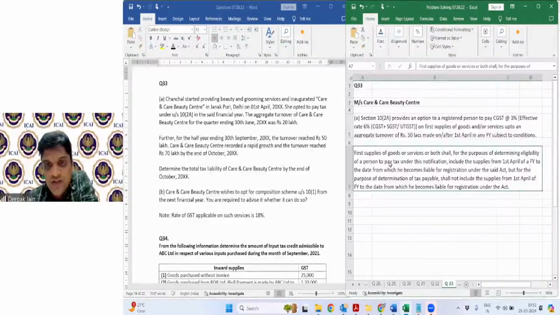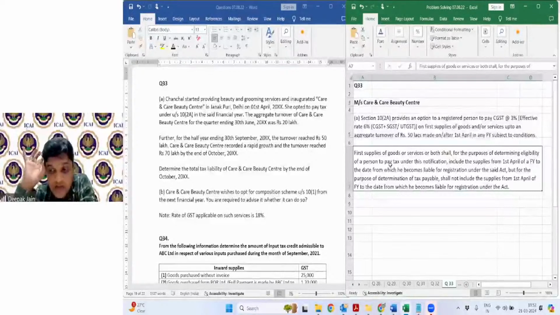Somebody was asking this question yesterday, that for the purpose of determining eligibility it shall include the supplies from 1st April to the day when he becomes liable for registration, but for the purpose of determination of tax payable, it shall not be included for the supplies from 1st April of the financial year to the date when he becomes liable for registration.